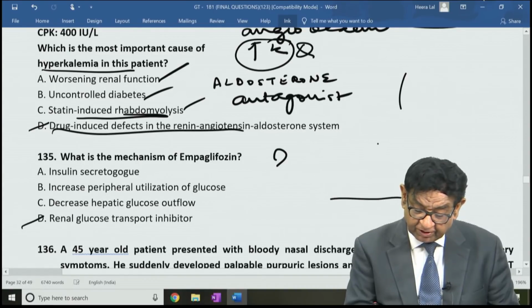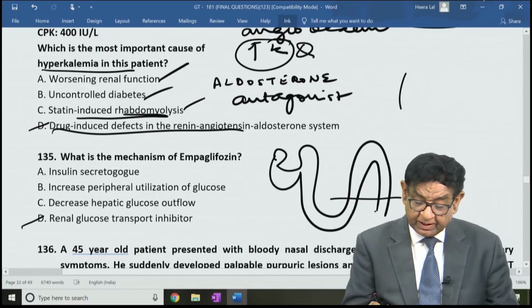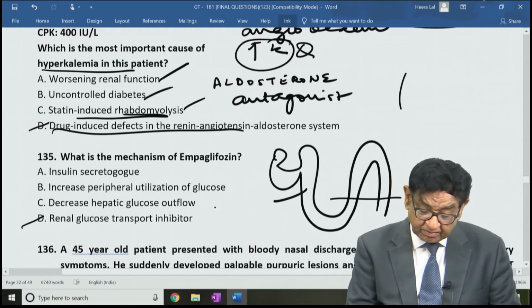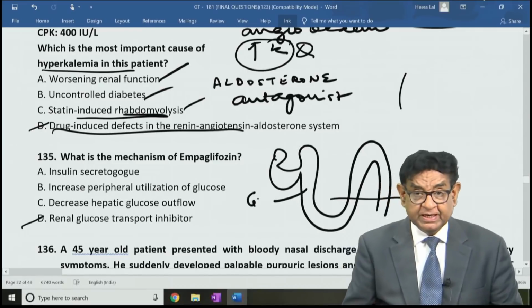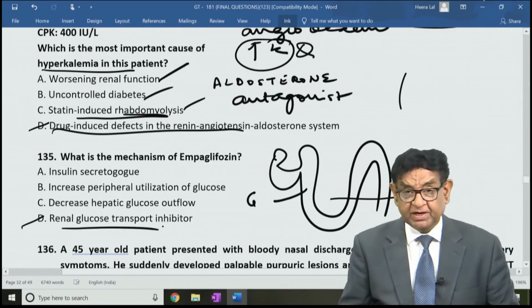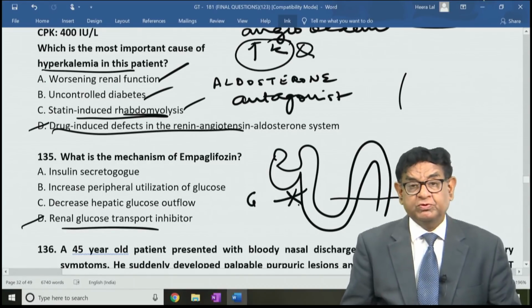This is the nephron, and we know very well in the PCT, almost 100% glucose is absorbed here. When we give empagliflozin, which is a type of renal glucose transport inhibitor, it will prevent reabsorption of glucose here.